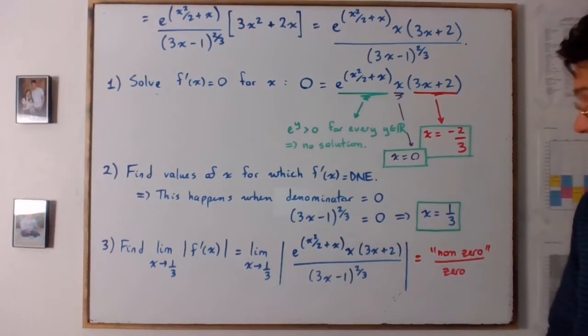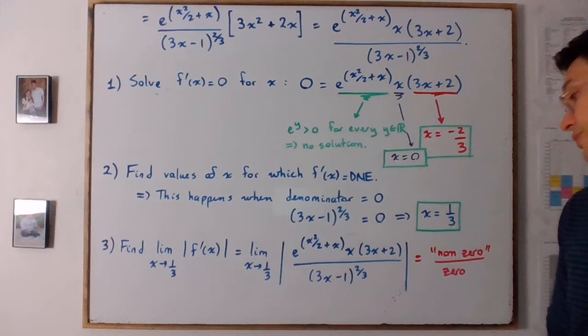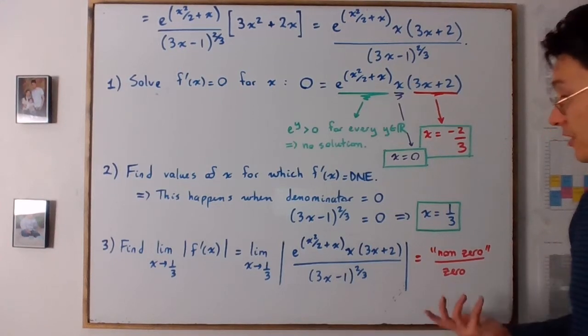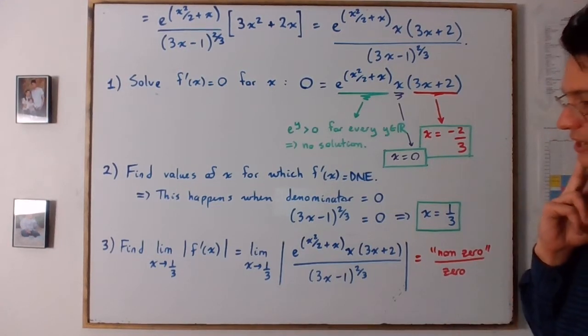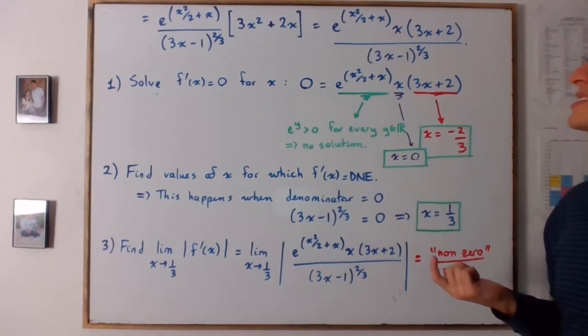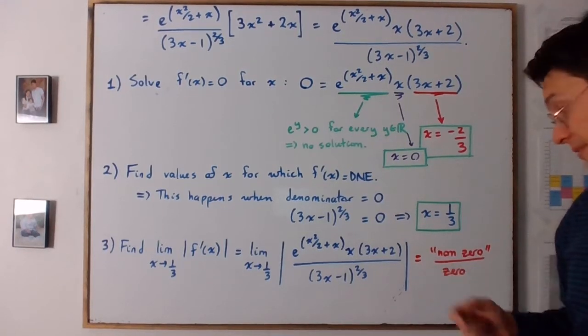And if I'm not mistaken, this is actually enough to show that you have a vertical tangent line because the function is continuous at 1/3.